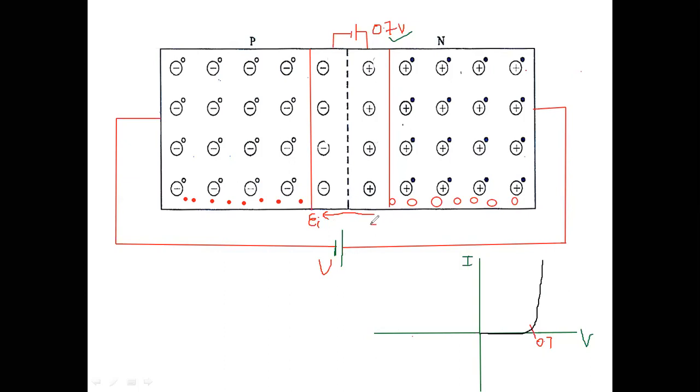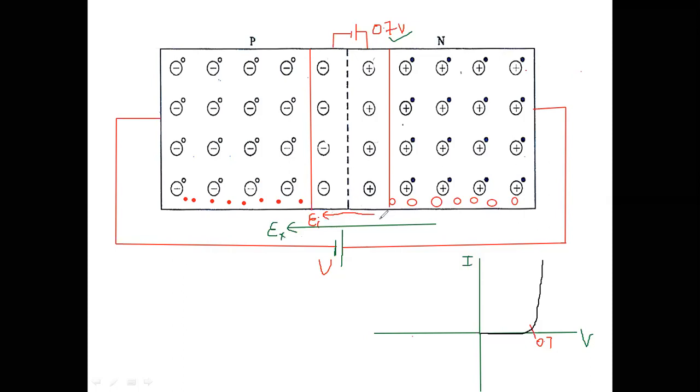So what will happen? There is also an electric field due to this voltage source. In which direction is the electric field now? From positive to negative. This is the direction. It means the electric field due to the externally applied voltage, Ex I call it. See here.